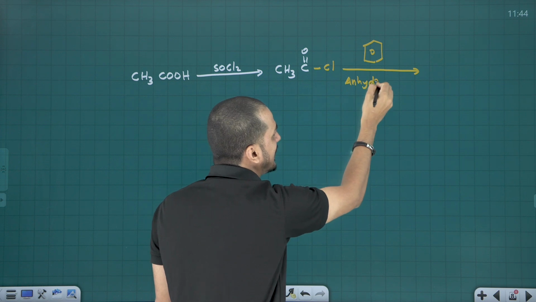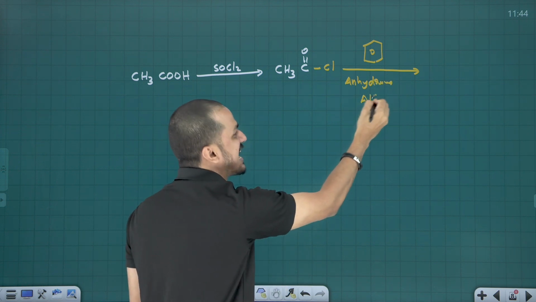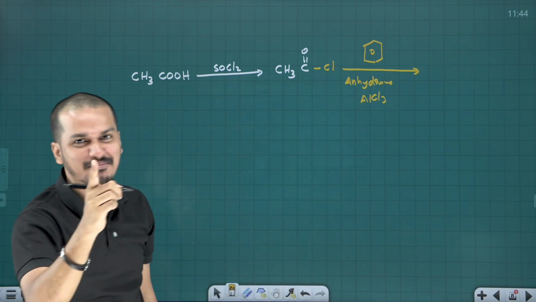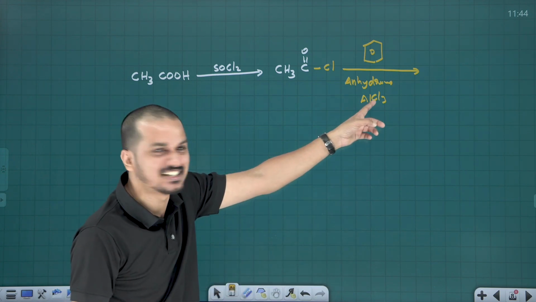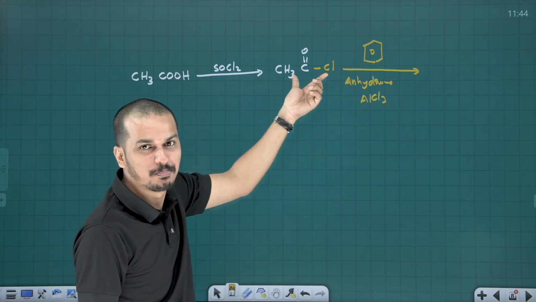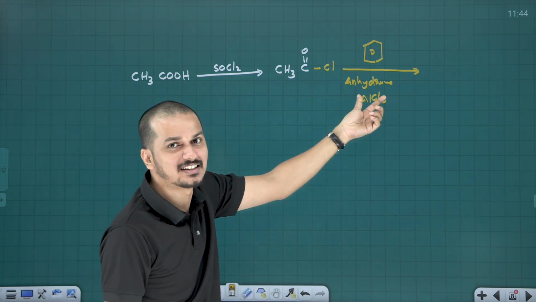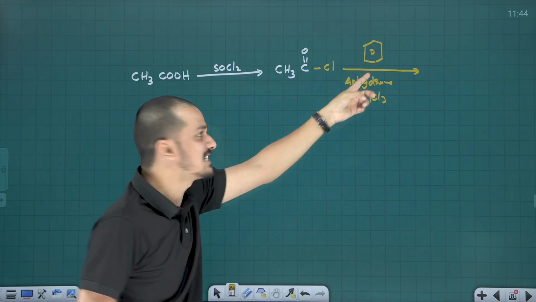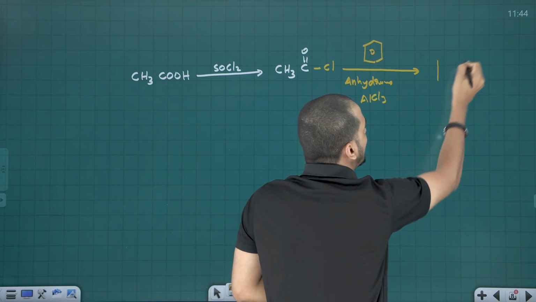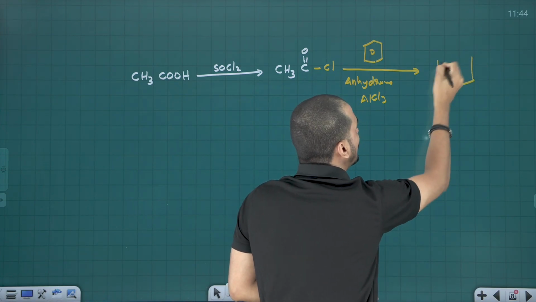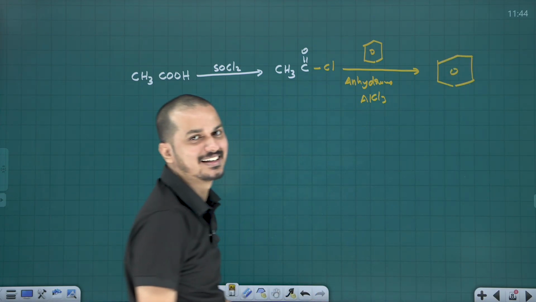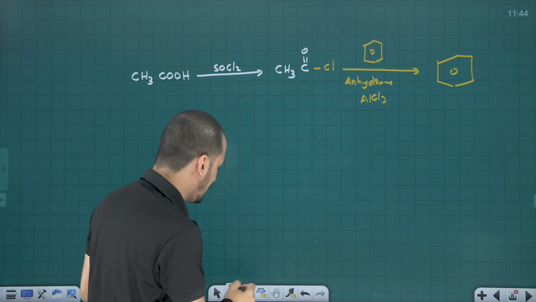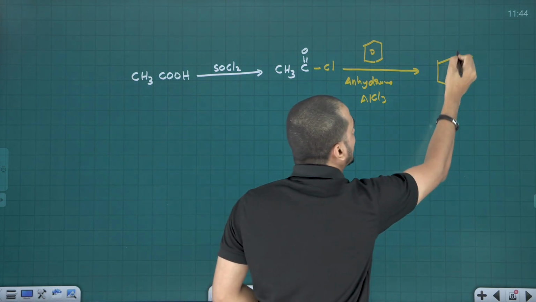Whenever you are seeing anhydrous AlCl3, you have to remember it is the Friedel-Crafts reagent. So this is an acyl group with anhydrous AlCl3. So it is electrophilic substitution, Friedel-Crafts acylation. On the benzene ring, the C double bond OCH3 group will come.